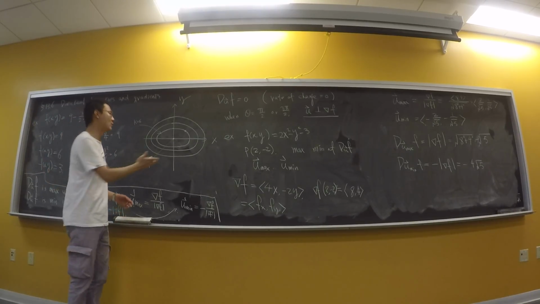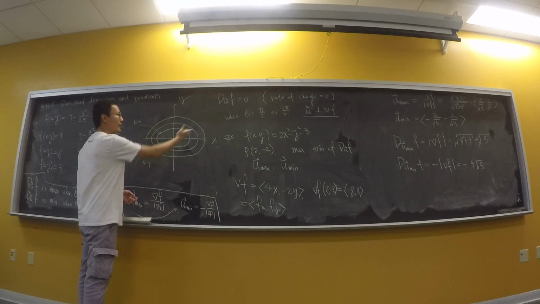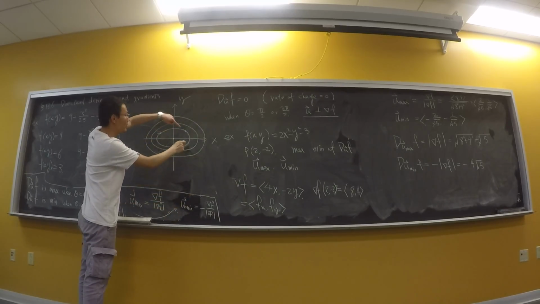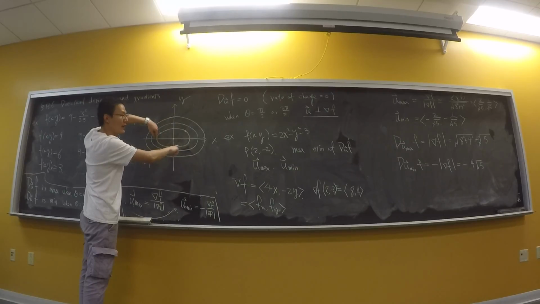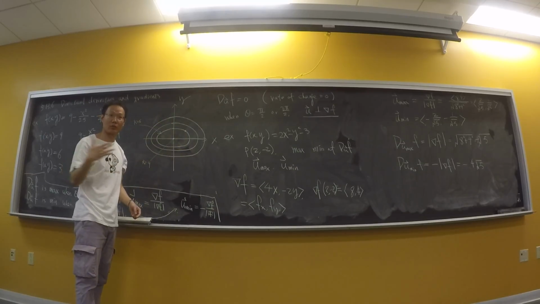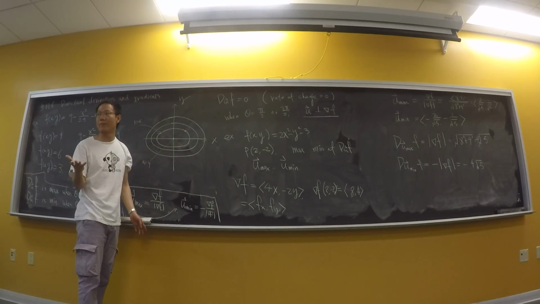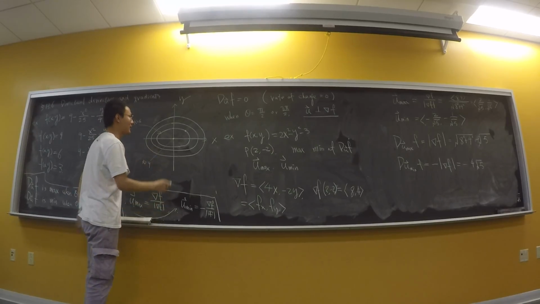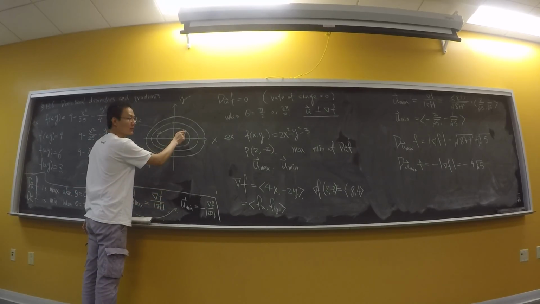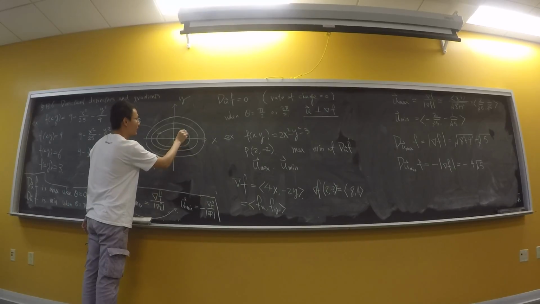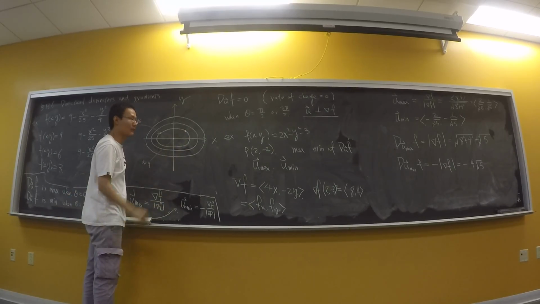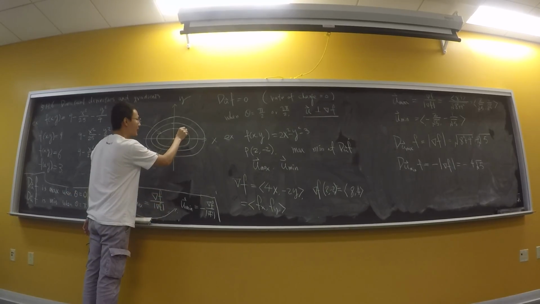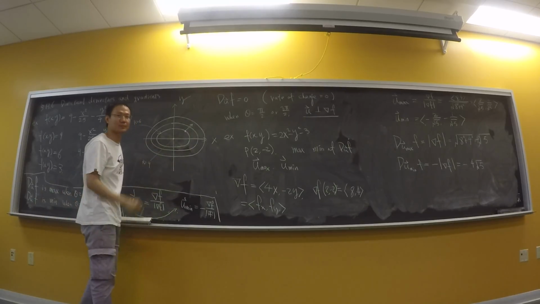And I know if I'm moving along the level curve, I will get a rate of change of 0, which means I am moving in the orthogonal direction of the gradient vector. In other words, the gradient vectors are all orthogonal to level curves. So at every point on this level curve, the gradient is exactly orthogonal, okay?